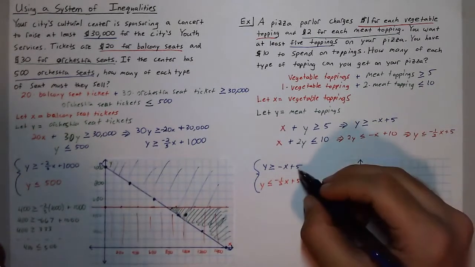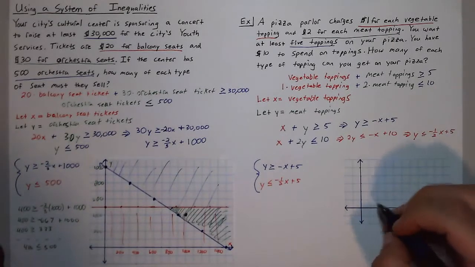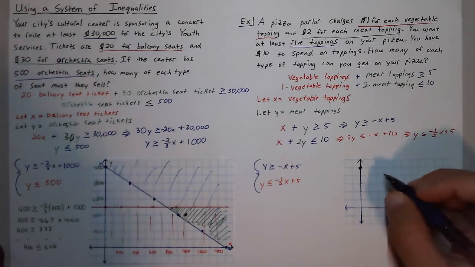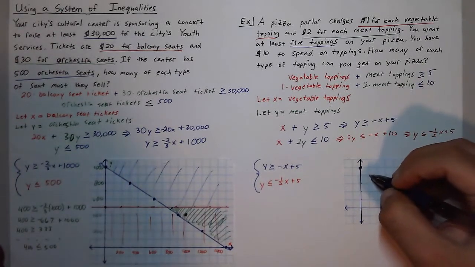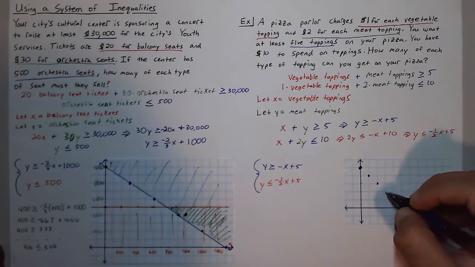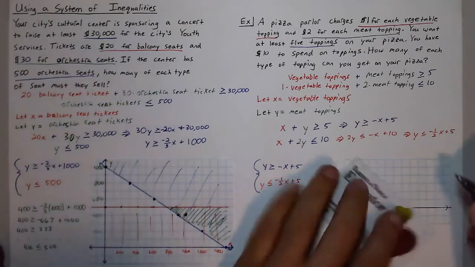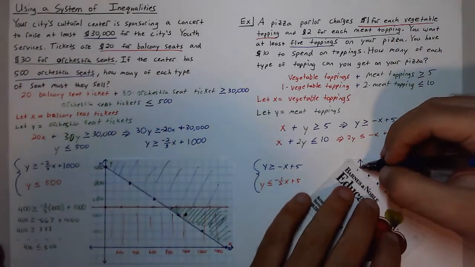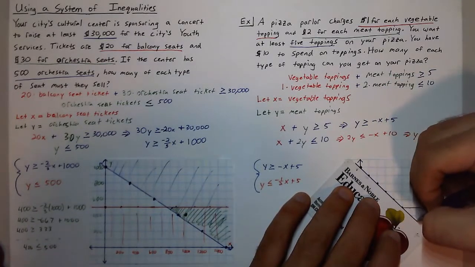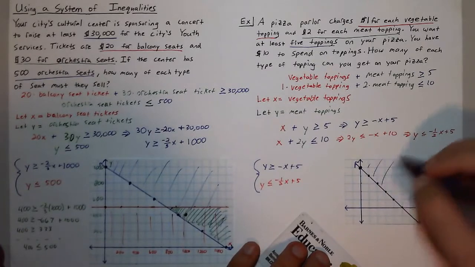And since these numbers are more reasonable, I don't have to count by hundreds like the last problem. I can just count by ones. So 1, 2, 3, 4, 5. And then a slope of negative 1, so down 1 over 1. Solid line, and I'm going to be greater than this line, so everything above the line.